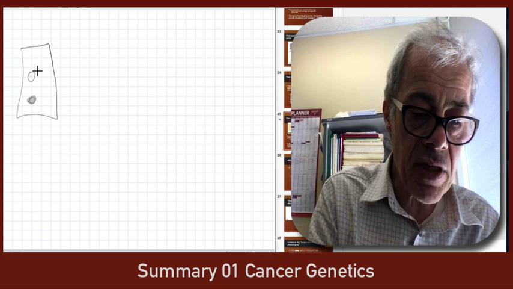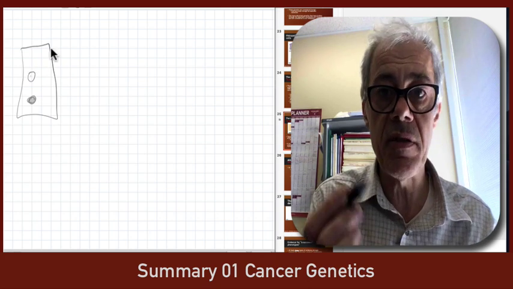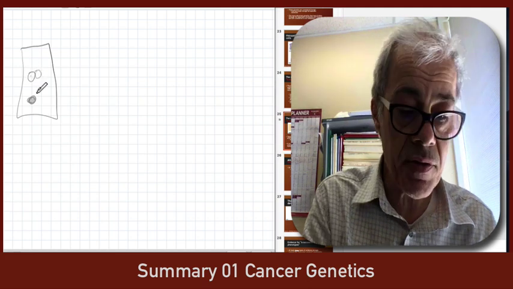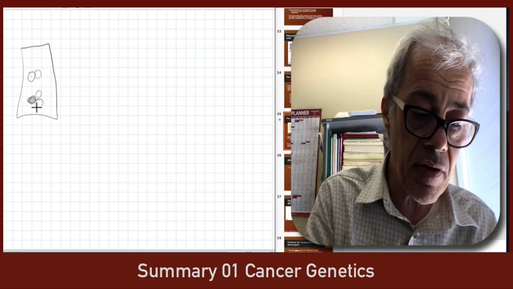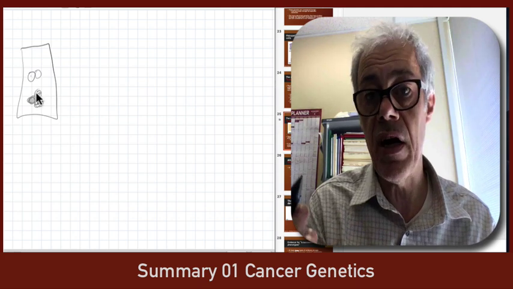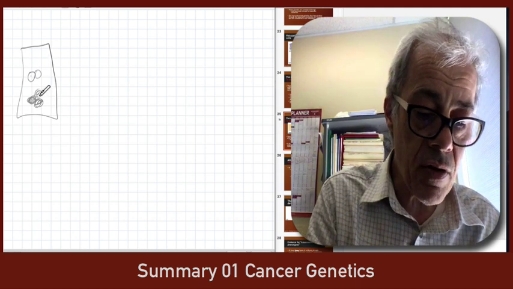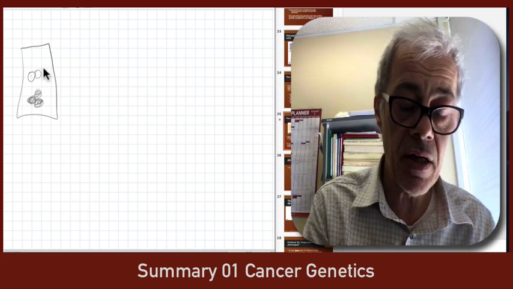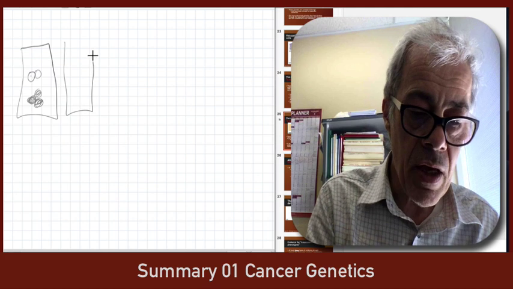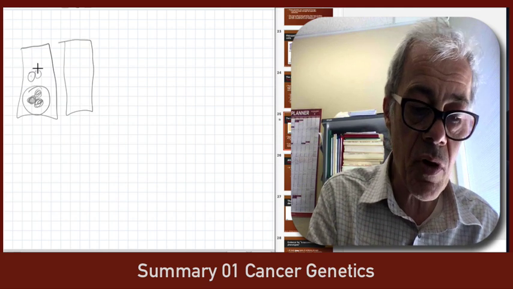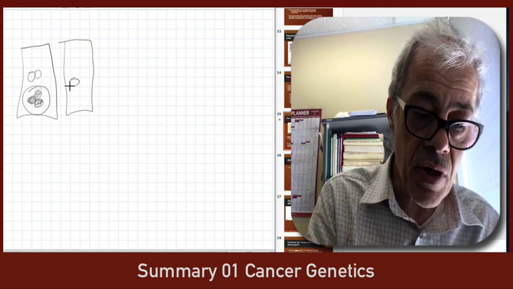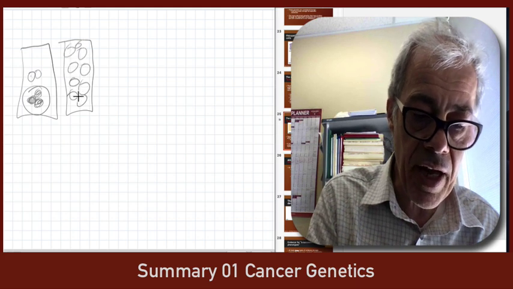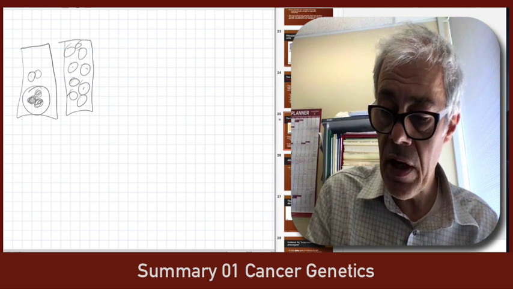Let's make some general assumptions here: by the time this cell doubles to give 2 cells, this cell might have doubled to give, say, 3 cells, for argument's sake. So the rate of growth has been slightly enhanced by the mutation it's accumulated, and over a period of time these cells will outcompete the normal cells.